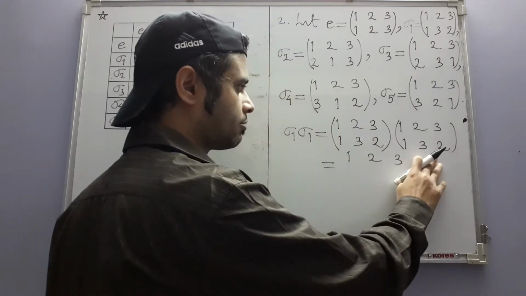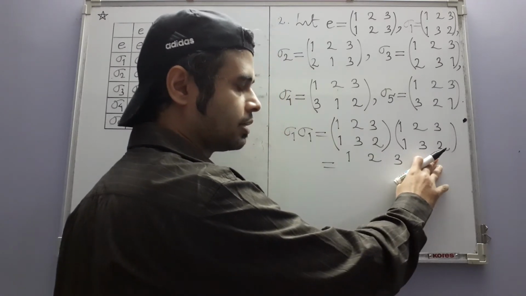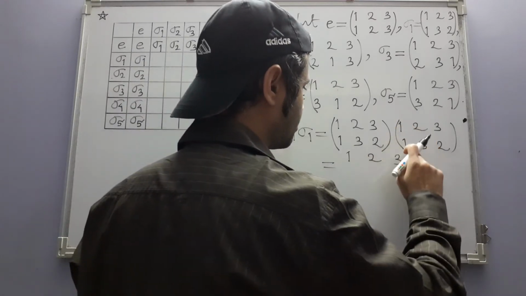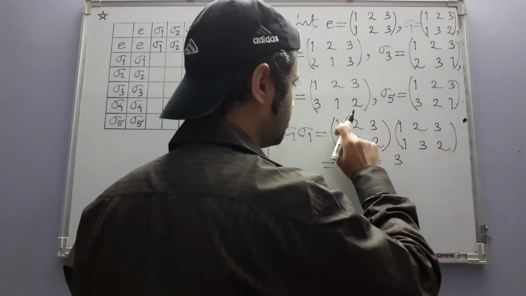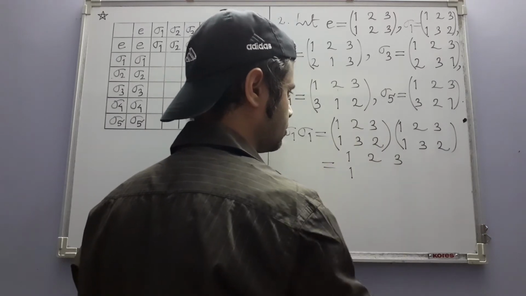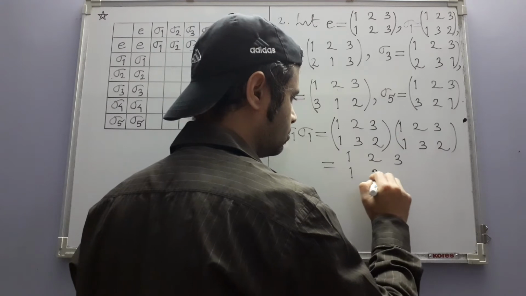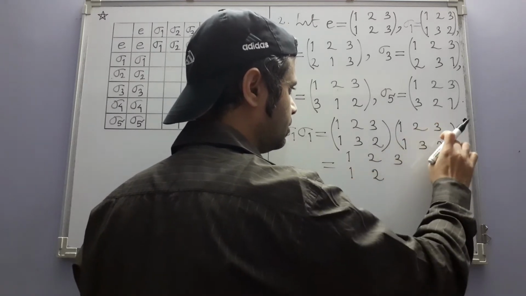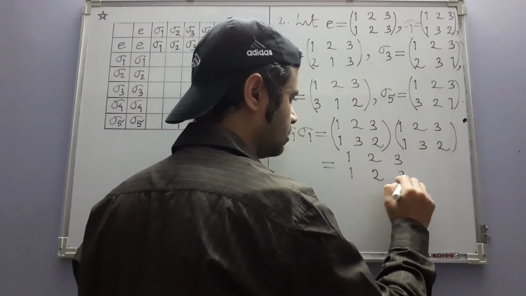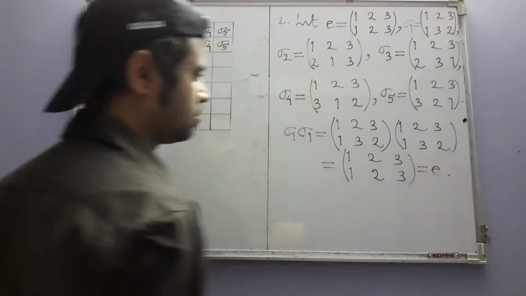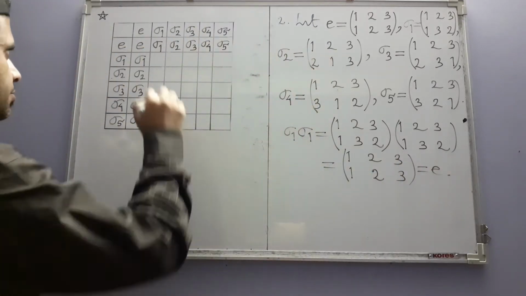Recalling that our calculation starts from the right side, although in this case it would not matter, 1 goes to 1, 1 goes to 1, so 1 goes to 1, 2 goes to 3, 3 goes to 2, so 2 to 2, 3 to 2, 2 to 3, so 3 to 3. So we get the identity.